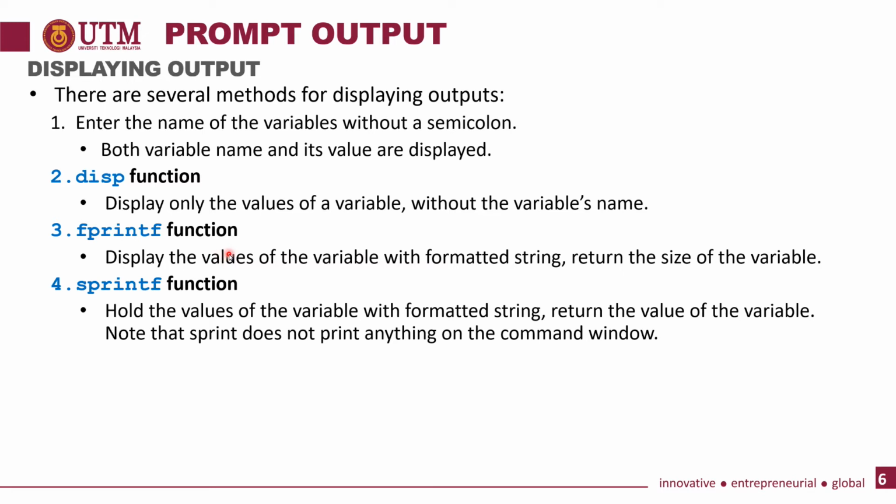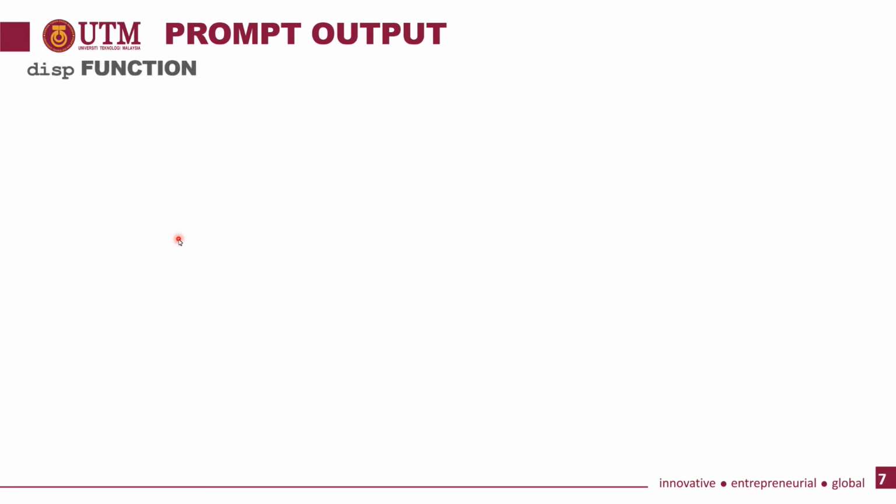For example, if you are initializing the number, it will return in double or integers or whatever the number format that we already initialized. But the Sprintf function will return the data in terms of string. At the end of today's lesson, I will show you clearly what the differences of Fprintf and Sprintf are.